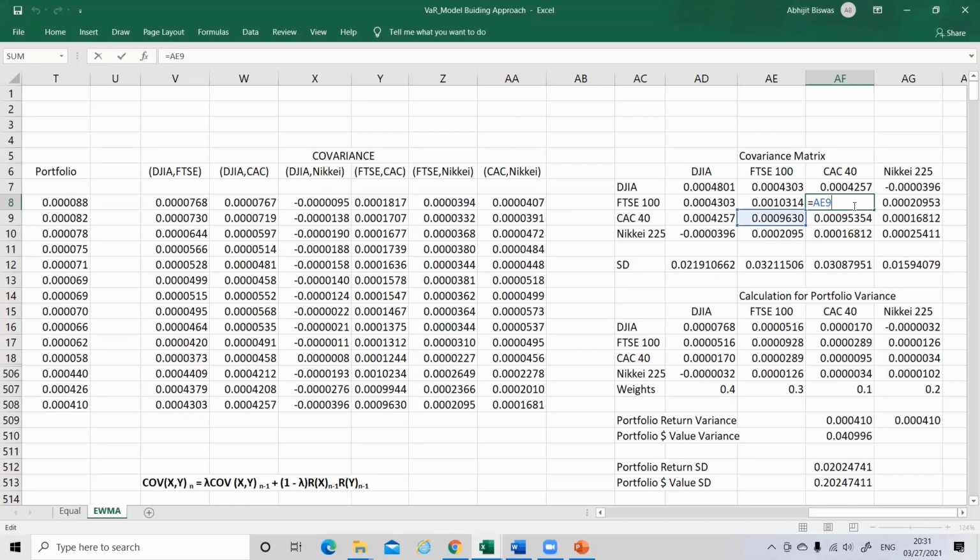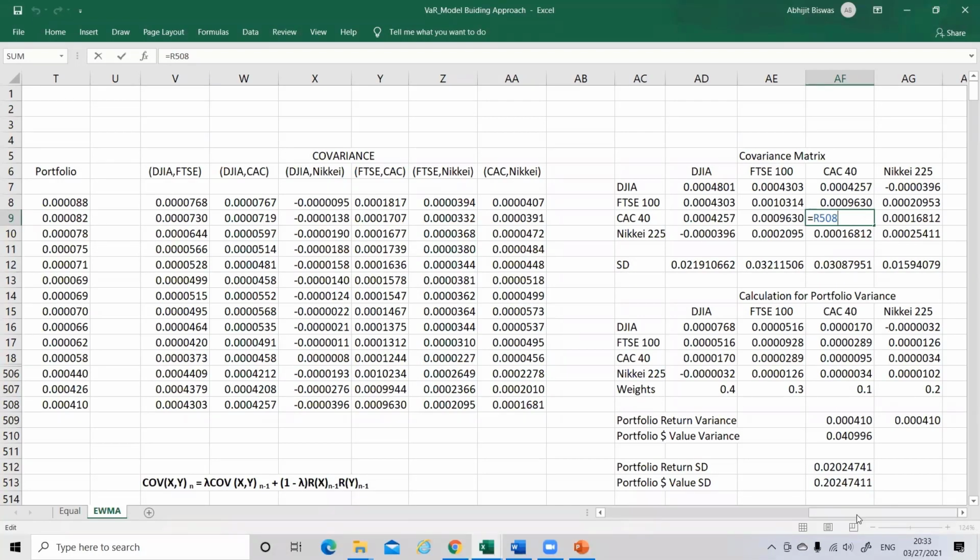So in AF8, just type equals to AE9. Next, covariance between CSE and CSE. That is nothing but variance of CSE. And variance of CSE is captured in cell R508.